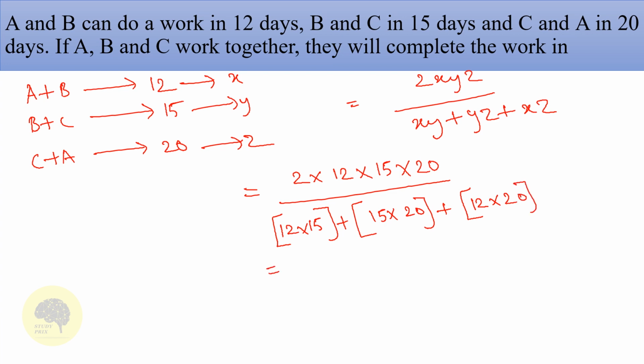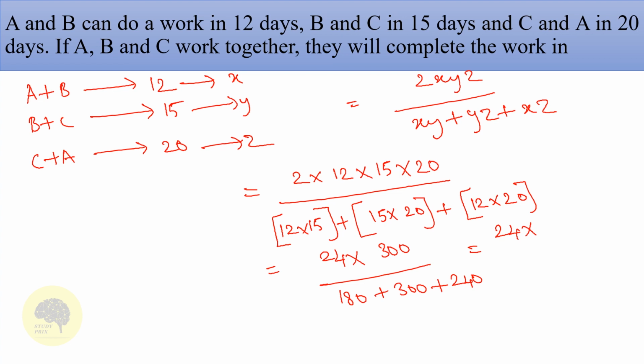Okay, here 24 multiplied with 300, and here 12 multiplied with 15 is 180, plus 300 plus 240.